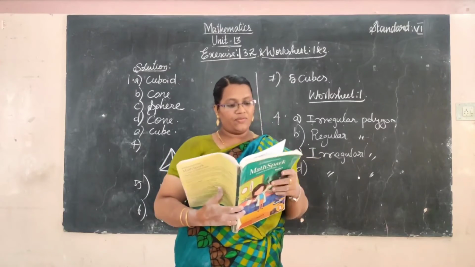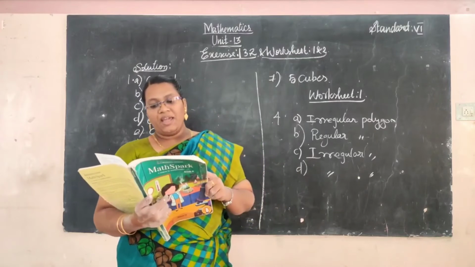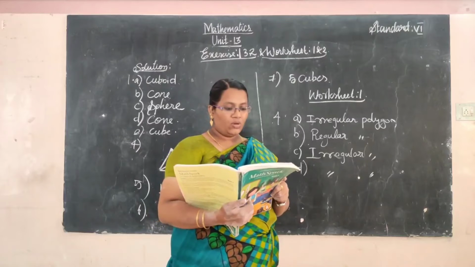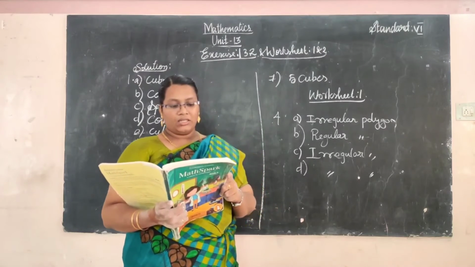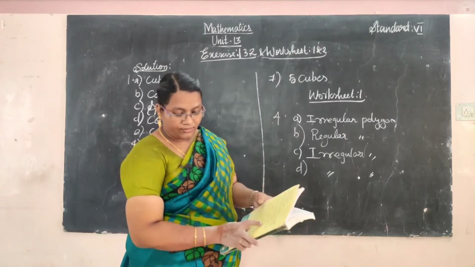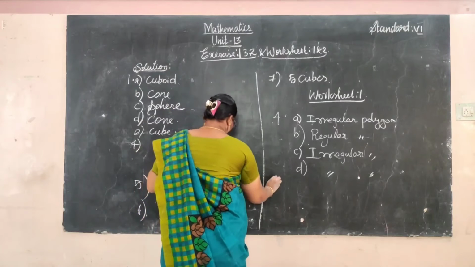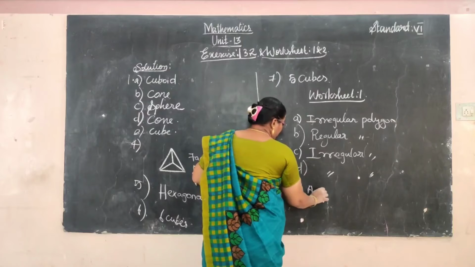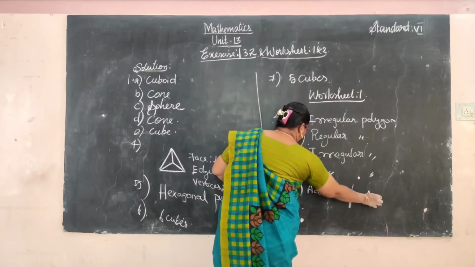And 5th one, classify the following triangles on the basis of the angles. Now see the first one, all the angles are acute angles. So acute angle triangle.